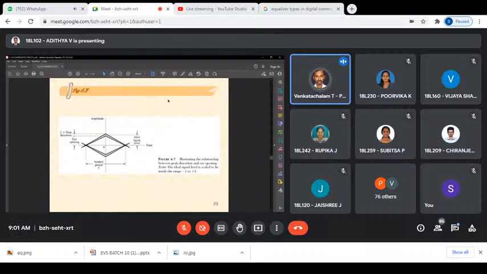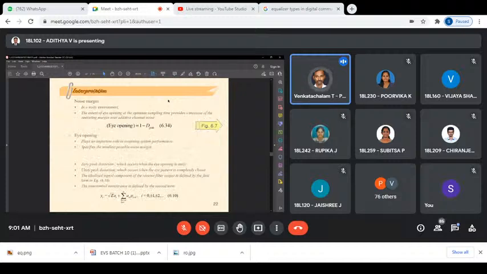And this is the eye opening. Okay. Aditya, go to the previous page. Let us revisit the formula. So the eye opening is 1 minus peak distortion.